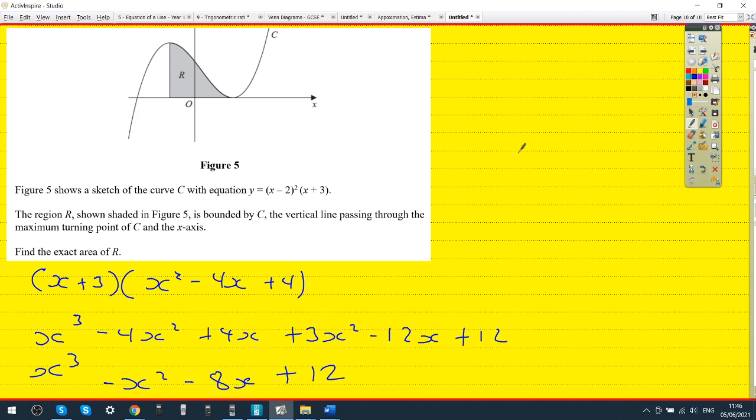Okay. What's next? Now we need to know what we need to differentiate to get the 2 points, in which the shaded point is in between.